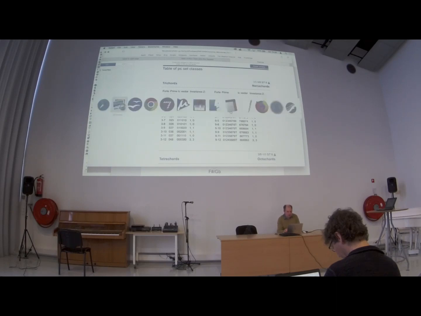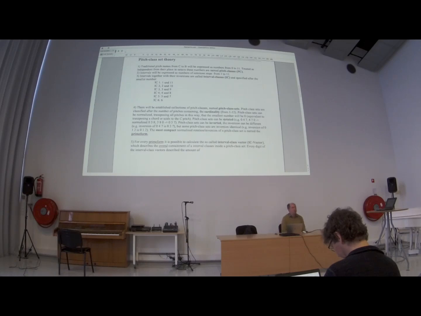Of course, one very important feature, even used for systematizing all this huge number of possibilities, is the interval class vector. So generally interval class, we use not the traditional interval names, we have numbers for that, just a difference in half-tone steps, and then the inversions of the intervals, so that a minor second and major seventh, major second and minor seventh, or fourth and fifth, they are collected together and taken as one and the same thing.